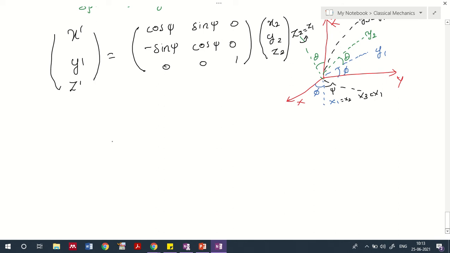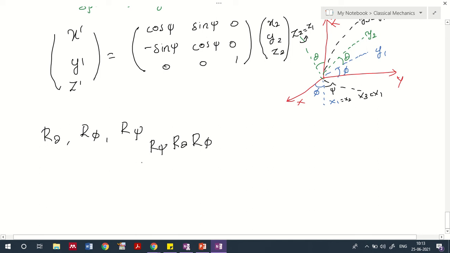As you can see here, we have 3 matrices corresponding to each rotation: R theta, R phi, and also R psi. The final rotation we have done is that our first rotation was R phi, our second rotation was R theta, and our third rotation was R psi.